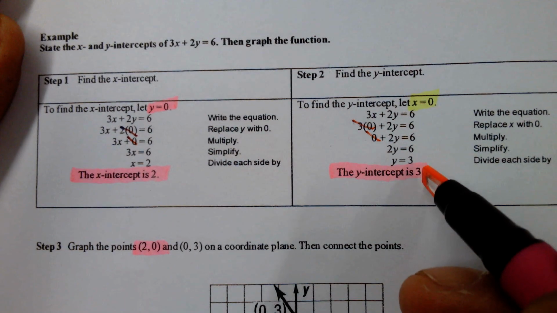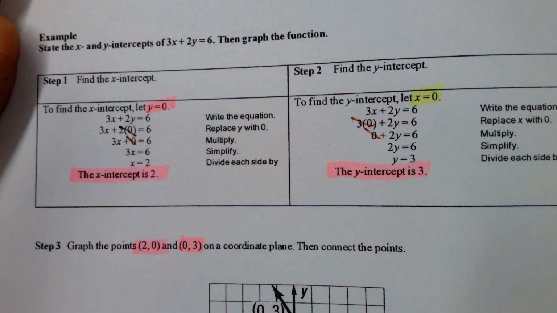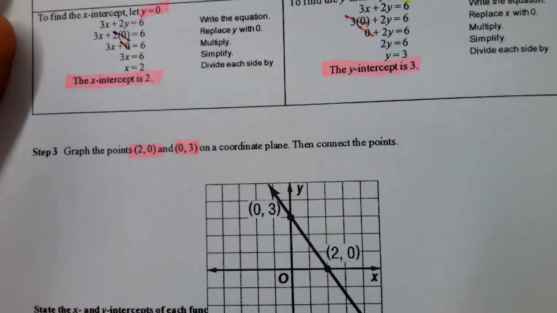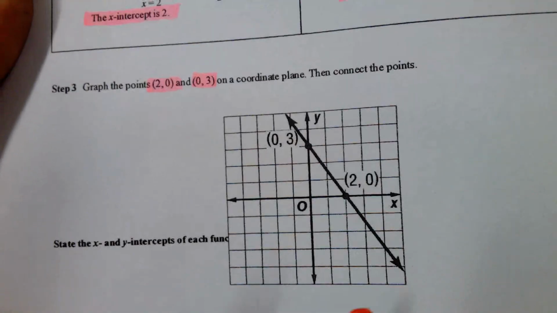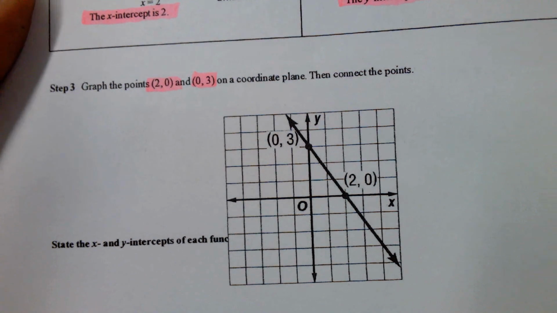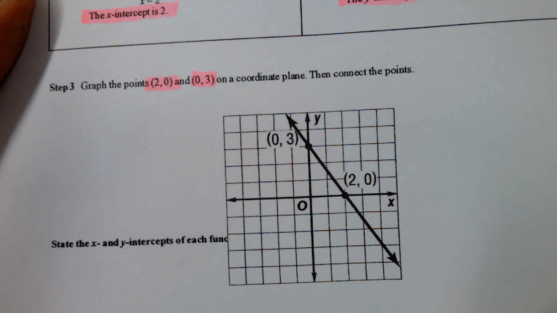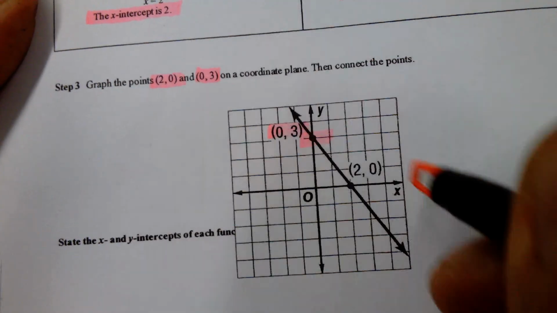We figured out the y-intercept number is 3. So that would be 0, 3. And all you have to do is find those 2 points on the graph. And sorry about this, it scooched over. I don't know how that happened when I made the copy. You graph the 2 points.